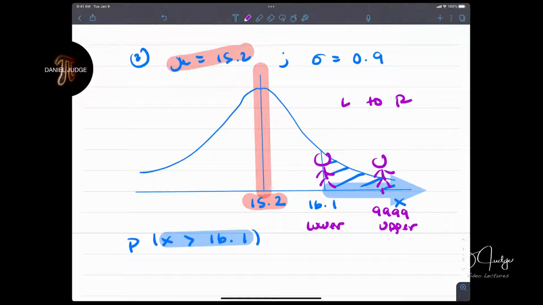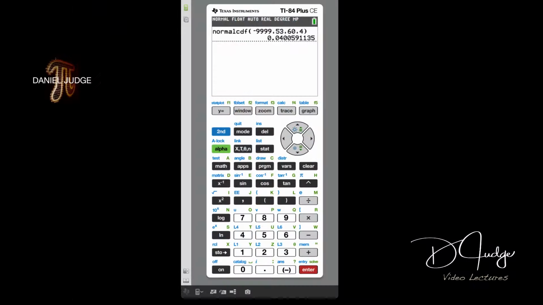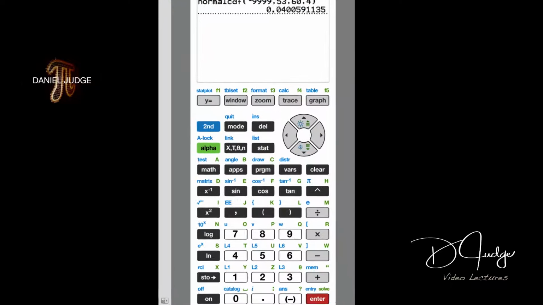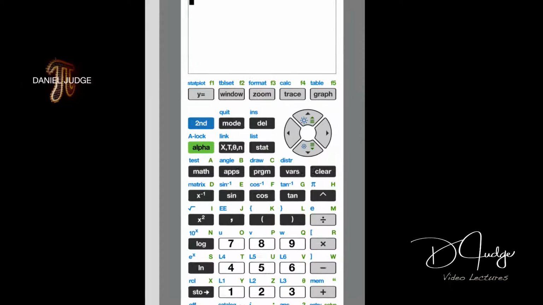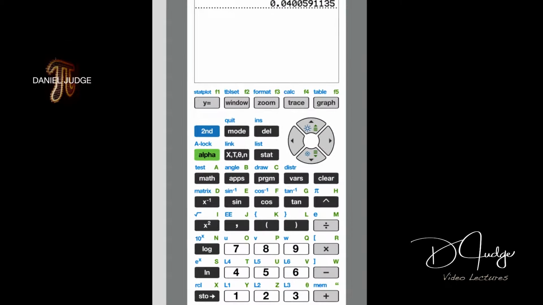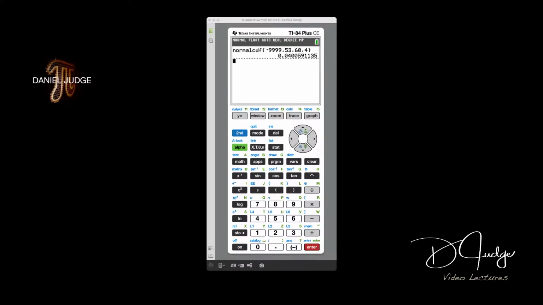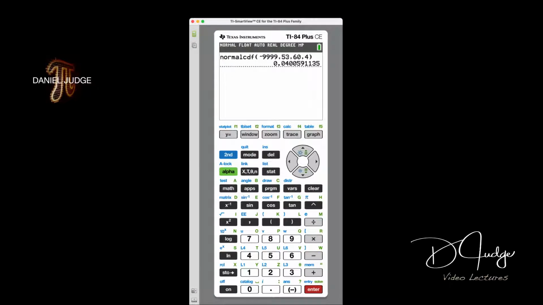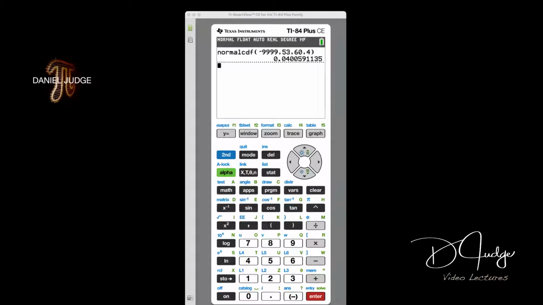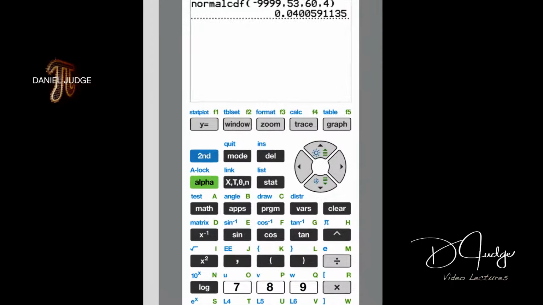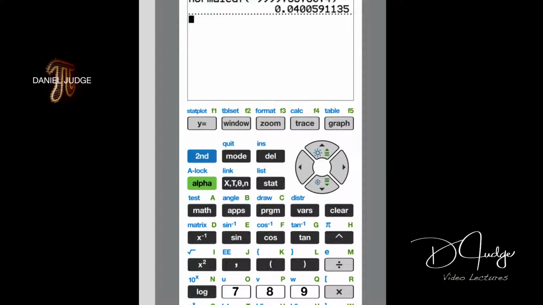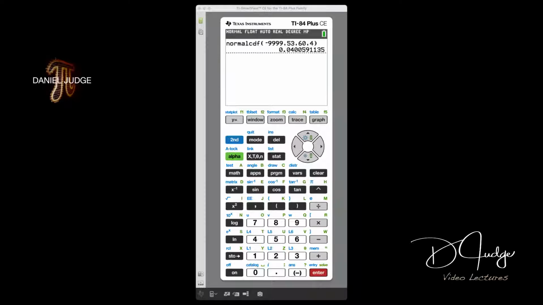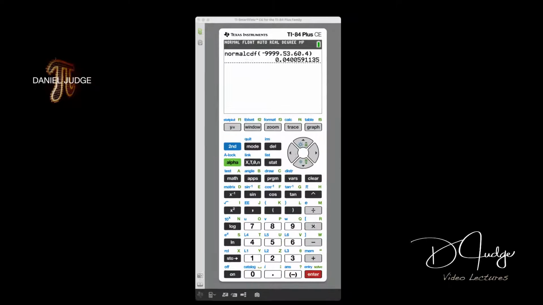All right, in the TI calculator, we got a new lower value. So we have a lot of new information here. So we're going to go here now. Now what I'll do here, ladies and gentlemen, I'm going to scroll in, so maybe some of you guys have preferred that. Let's scroll in.